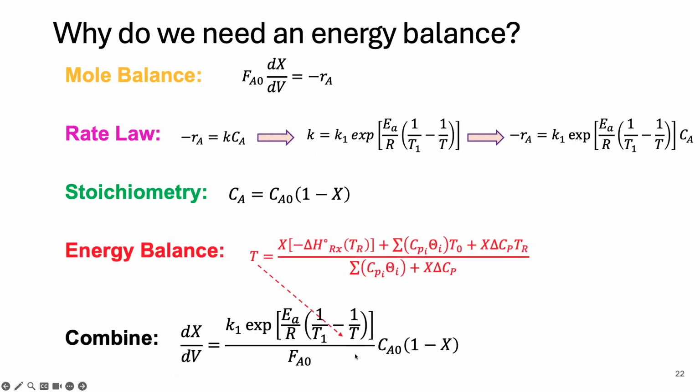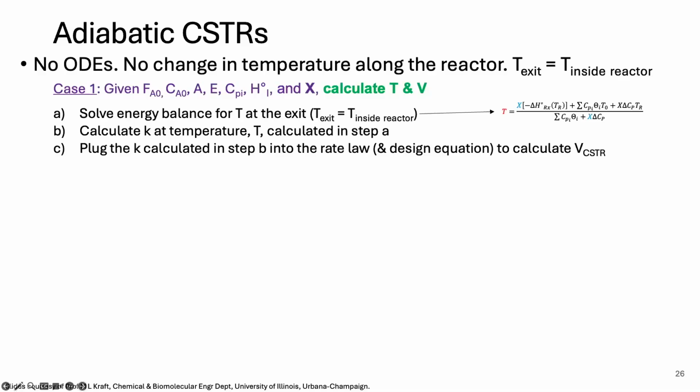But now, thanks to our energy balance, we furthermore have an expression that describes how temperature changes as a function of conversion, and we can plug that in here for T, so that we only have conversion appearing over here on the right-hand side. So that's how we model an adiabatic PFR.